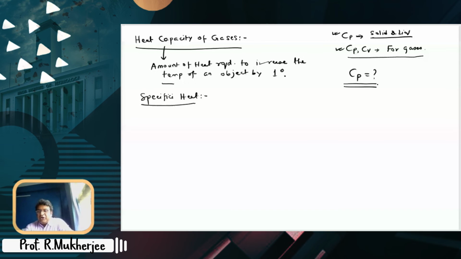You cannot say, I'm not going to say Cp is not specific heat. We all accept that Cp is specific heat. But is it actually specific heat? The moment you write kilocalorie per kg per degree centigrade, is it specific heat?